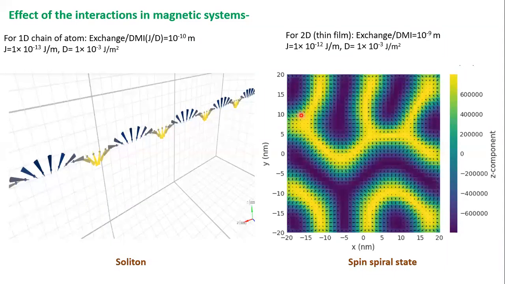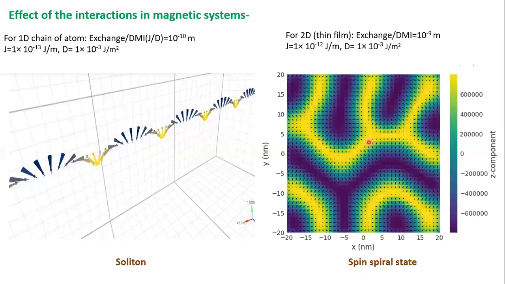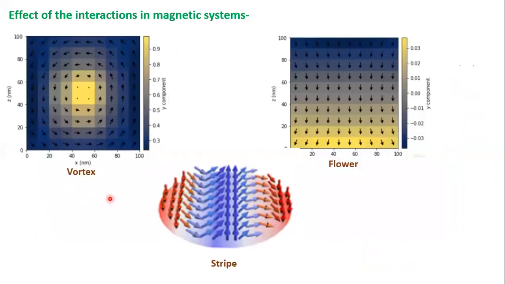This is called a spin spiral state, and this is the most general state we have in ferromagnets. Now, these states are the topological textures made artificially, or rather experimentally, which originate from the spin spiral state. As I said, this is a general state. Now if you play with those four or five interaction terms in this system, you will get these different structures of the dipole moment angle.